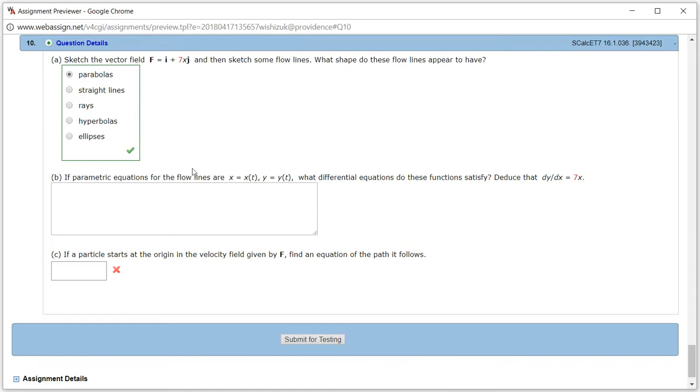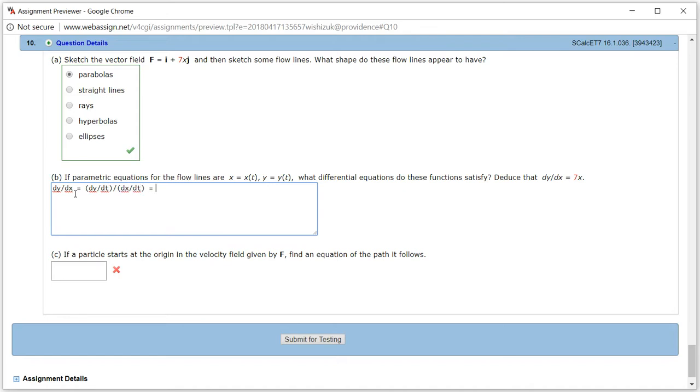Let's do part B. If the parametric equations are x equals x of t and y equals y of t, what differential equation do these functions satisfy? We want to come up with dy over dx, which can be broken down into dy over dt divided by dx over dt.